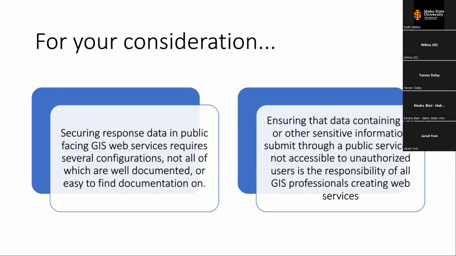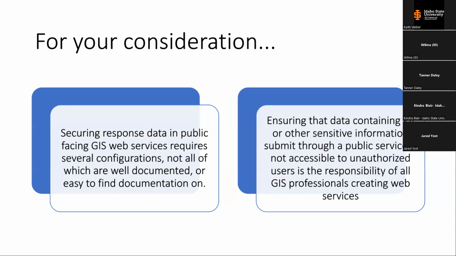And ensuring that data containing PII, or personally identifiable information, or other sensitive information submitted through a public service is not accessible to unauthorized users is the responsibility of all GIS professionals creating web services. As GIS professionals, we are instrumental in implementing the security posture to make sure our data is as secure as it needs to be.